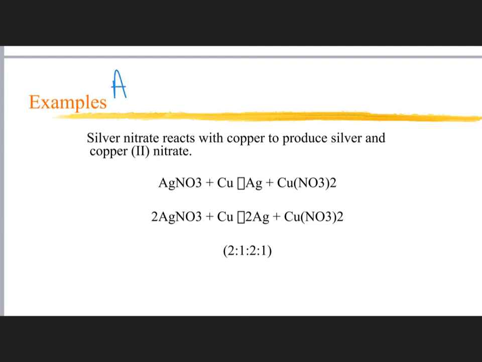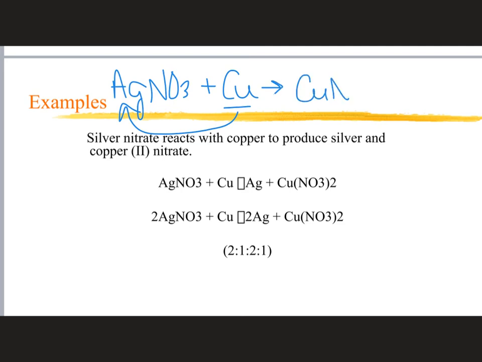So here I have silver nitrate, AgNO3, where the 3 is a subscript, reacting with copper. Anytime I have a single atom trying to react with a compound, I have to check the activity series. Can copper replace silver? Yes, it can. Silver's at the bottom, so copper can replace it. So we're going to now have copper paired up with the nitrate on the right.